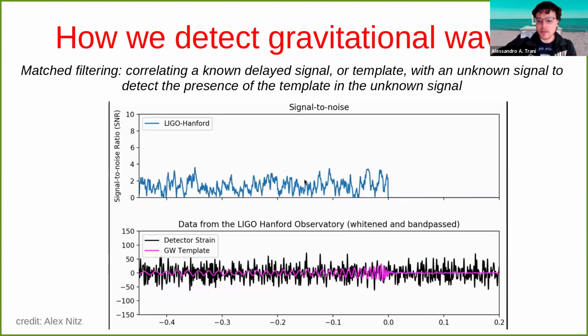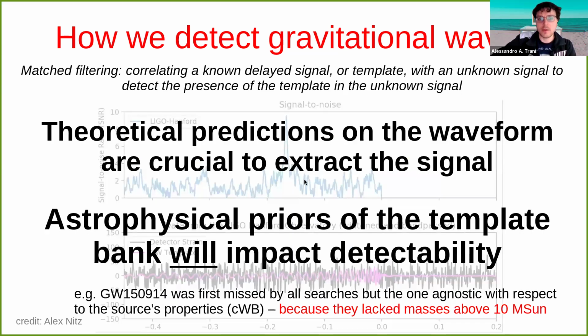So what this means is that theoretical predictions on the waveform are crucial to extract the signal, and astrophysical priors on the template bank of waveforms will impact the detectability of gravitational wave events.